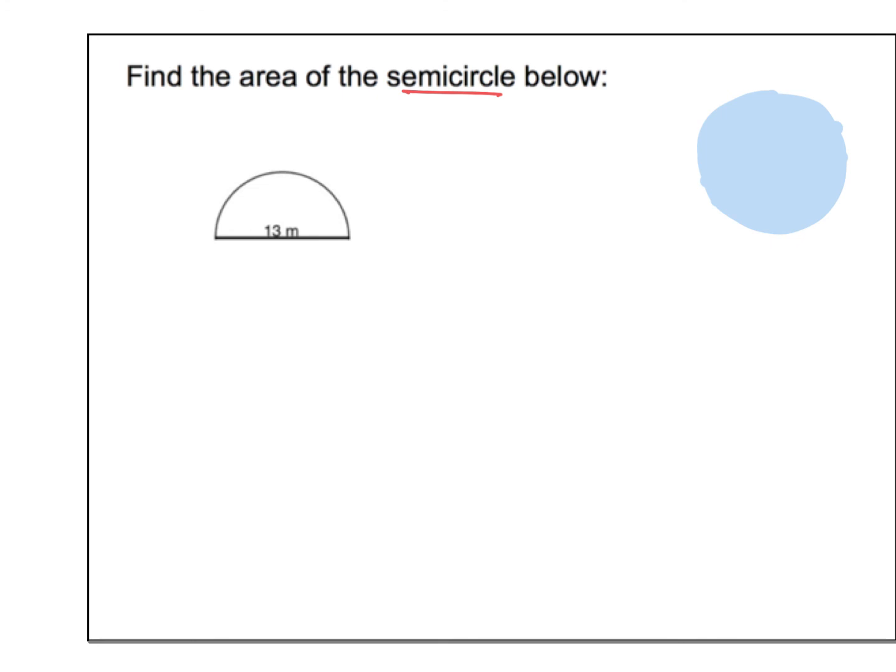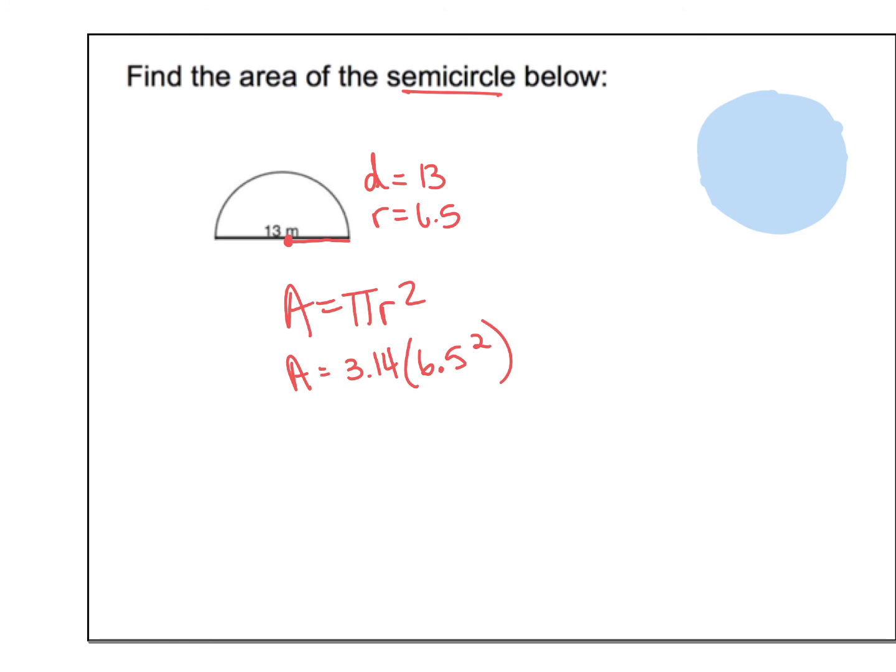So that means that when I have my formula, A equals pi r squared, I need to first find what my radius is. So for this one, my diameter is 13, but my radius then, if my diameter is 13, my radius is going to be 6.5. So area equals 3.14 times 6.5 squared.